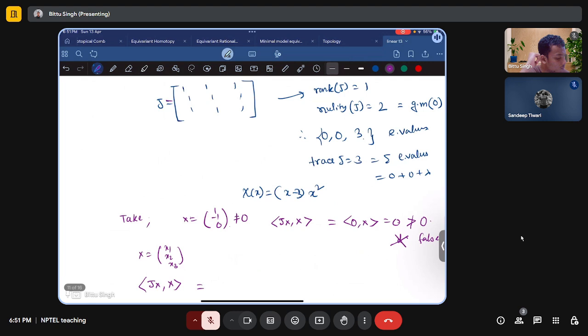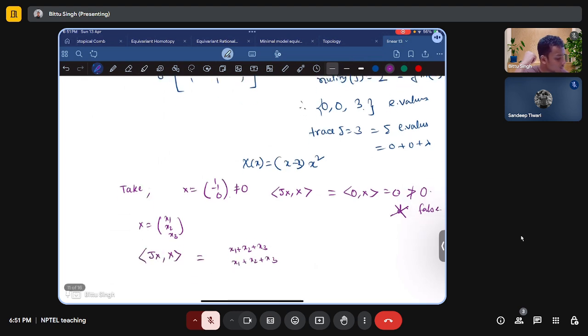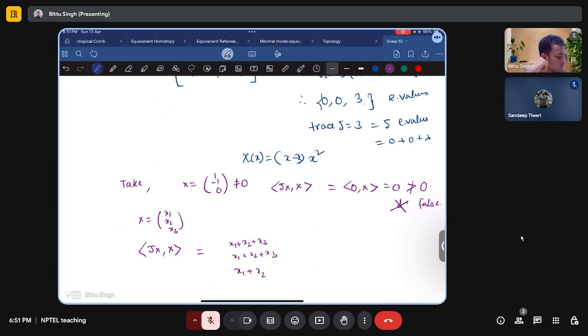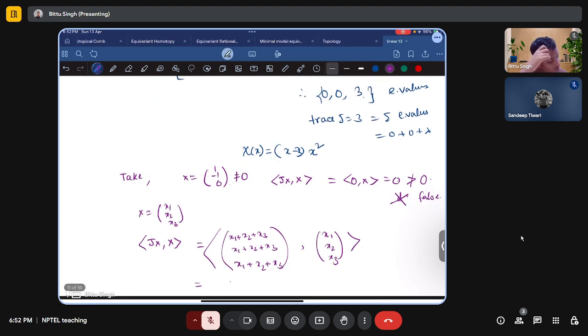Jx will be a combination of those columns, that is x1 plus x2 plus x3, in each entry. Similarly, just multiply. It will be this column times the inner product with x1, x2, x3.